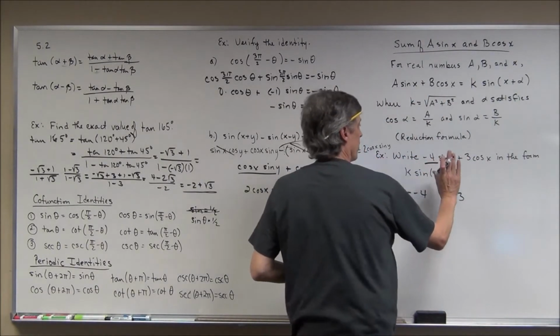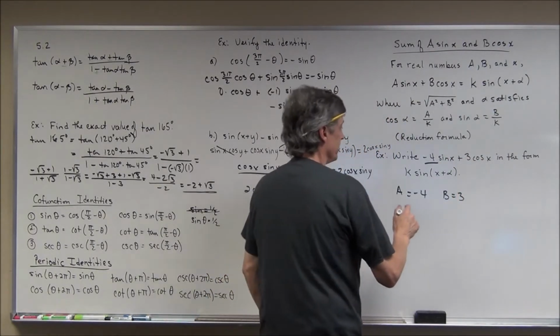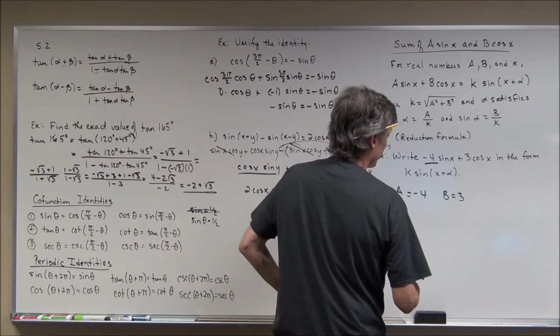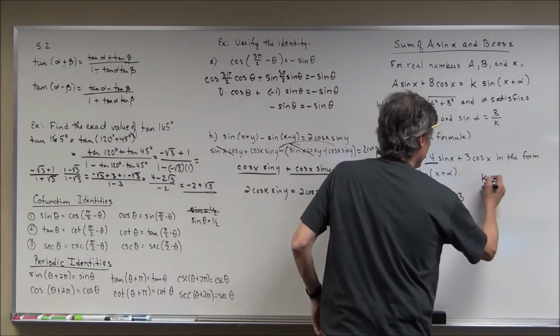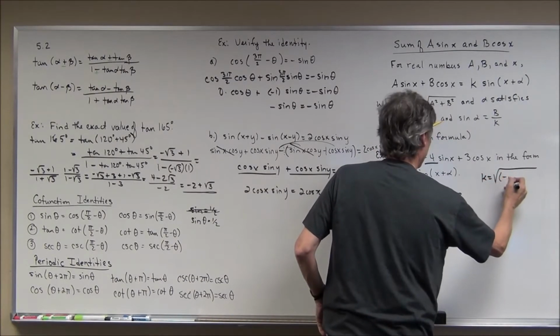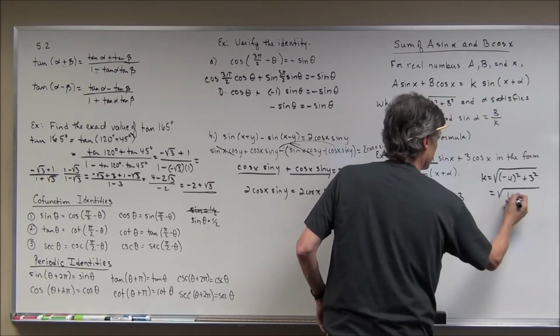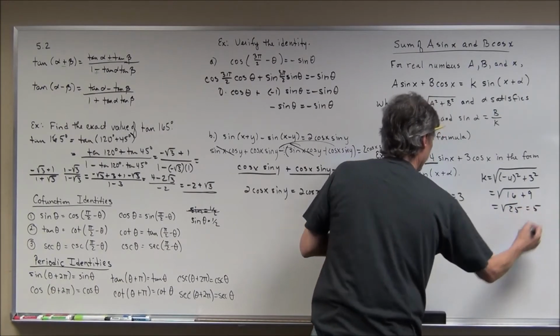They might want to try to throw a curveball at you and have it turned around. But I have a is negative 4 and b is positive 3, and now I need to figure out what k is. K is the square root of negative 4 squared plus 3 squared. Oh, that's convenient. That's 16 plus 9. That's the square root of 25, which is 5.